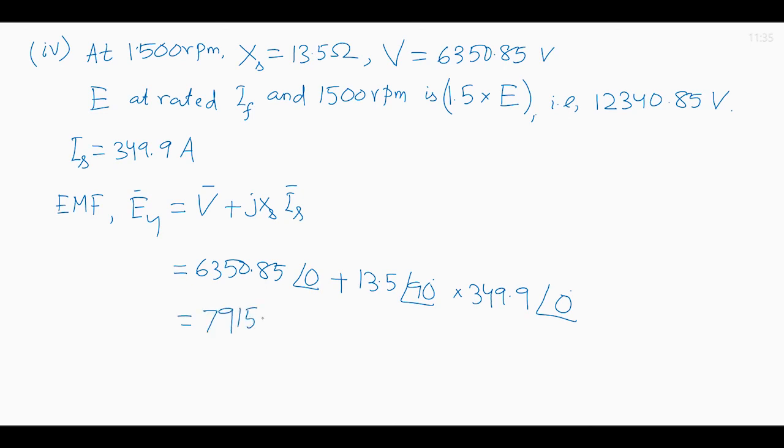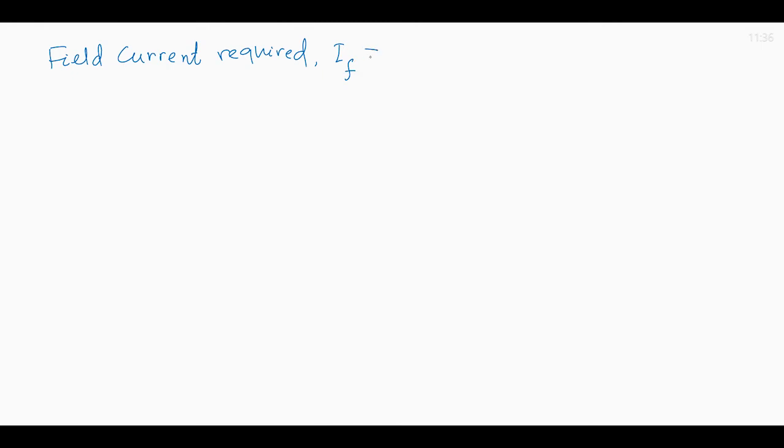So, this EMF comes as 7915 volts and its phase angle is 36.64 degree. So, the field current required to give this EMF, field current required for generating operation at 1500 RPM to give rated stator current at unity power factor is calculated like this, because EMF is proportional to field current and now EMF is decided.